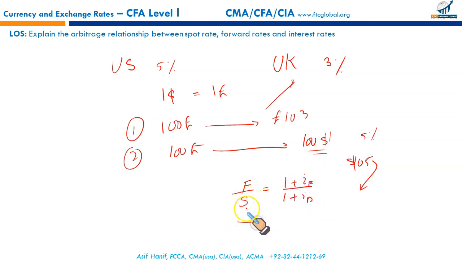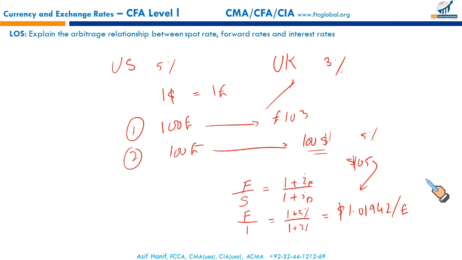So we want to determine the forward rate. F: the current spot is 1 on 1, so it's going to be 1, times 1 plus 5% foreign over 1 plus 3%. If you simplify this, the forward rate will come out to be 1.01942 US dollars per pound.